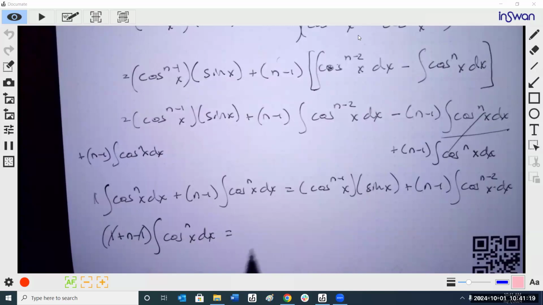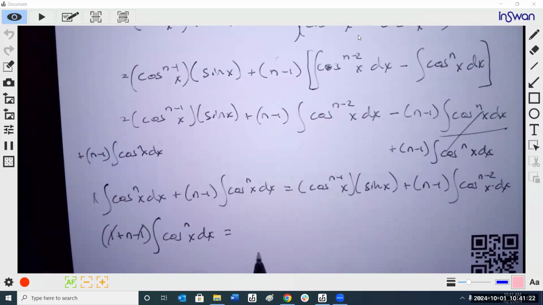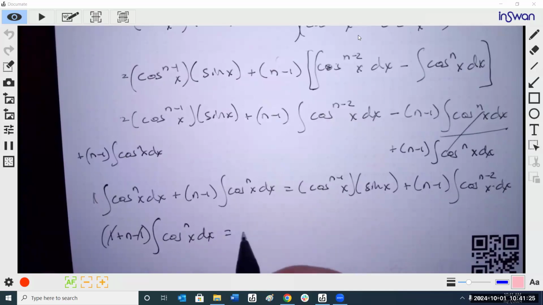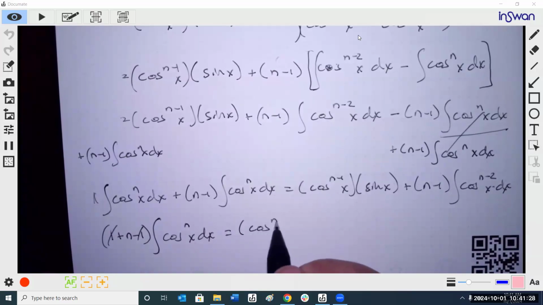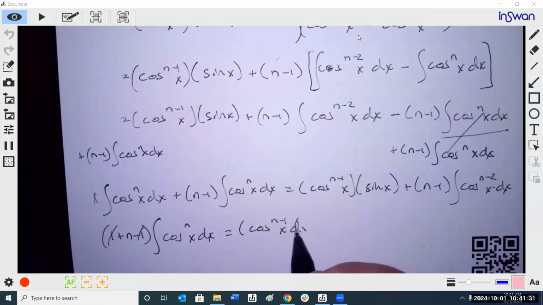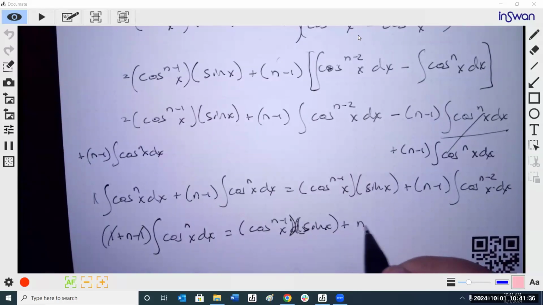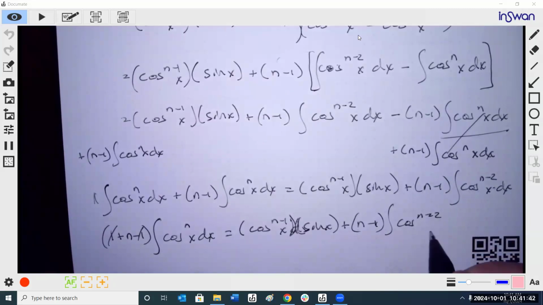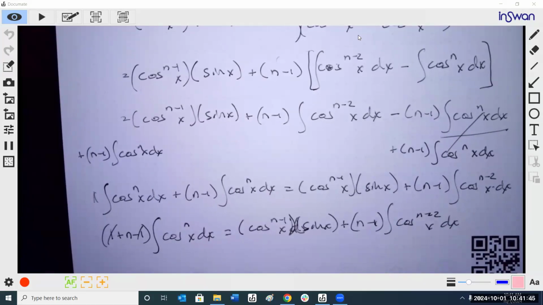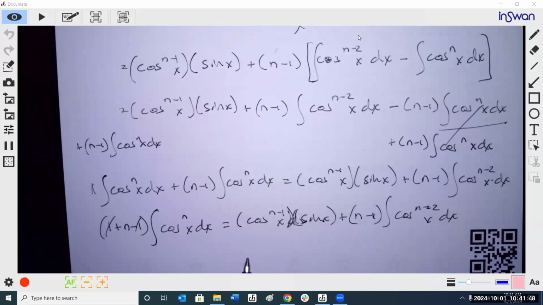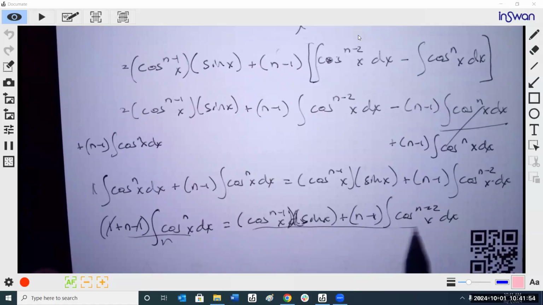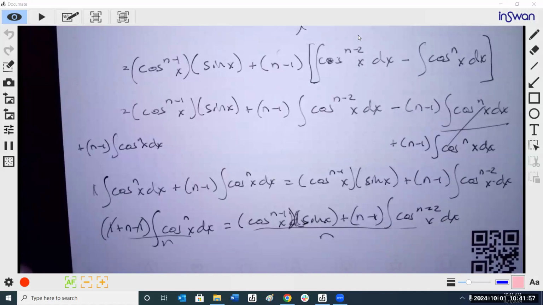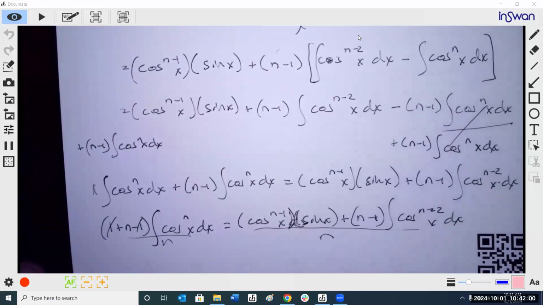The ones cancel, so we just have n times this whole monstrosity, n minus 1 times the integral of cosine n minus 2 x dx. Divide both sides by n.